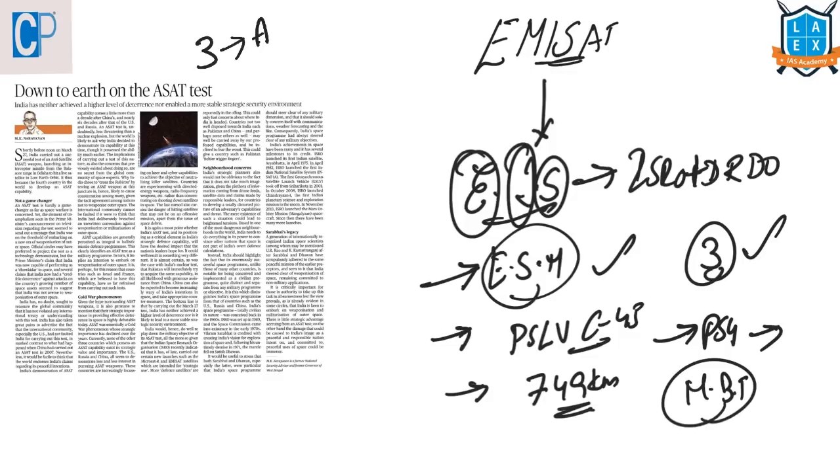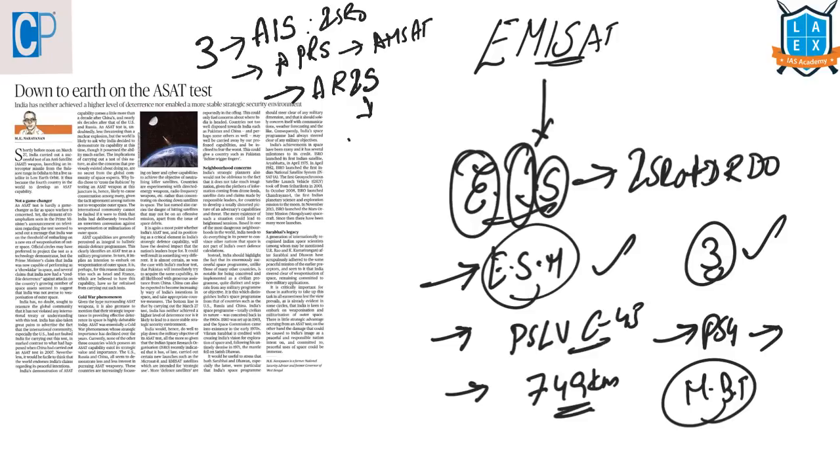One is automatic identification system from ISRO, and the other payload is automatic packet repeating system from AMSAT, that is Radio Amateur Satellite Corporation, and the third payload is advanced retarding potential analyzer for ionosphere studies.